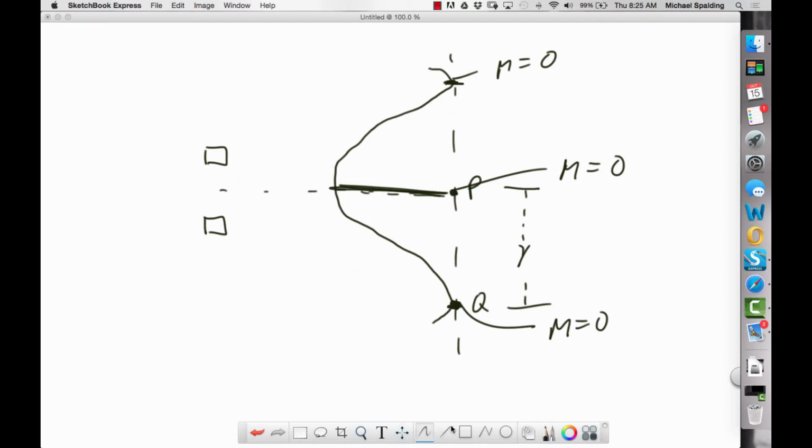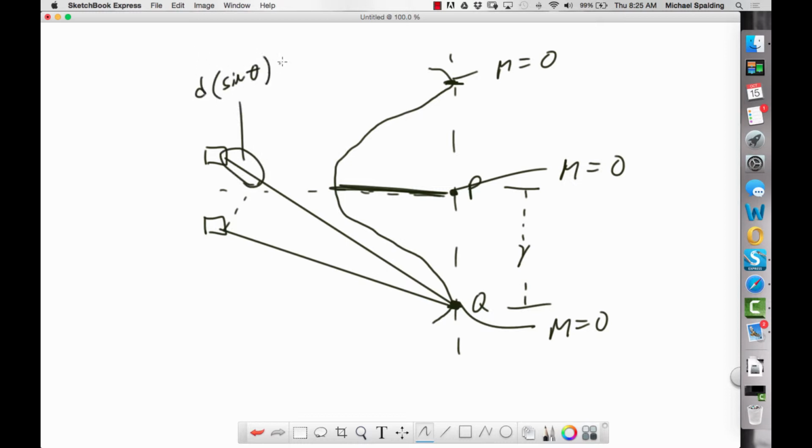Okay, so we're looking at the sound waves that are traveling from loud to quiet. The top ray is traveling farther, right? So what's this d sine theta going to be equal to? If it's destructive, you're going to say m plus 1/2 lambda, where m is 0. So this extra distance traveled is going to be half a wavelength.